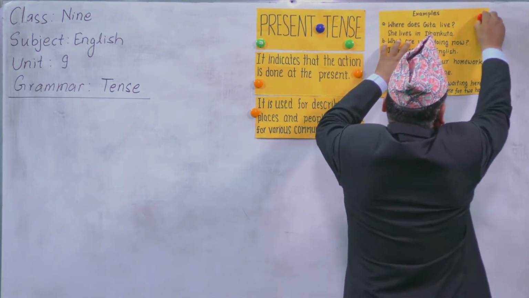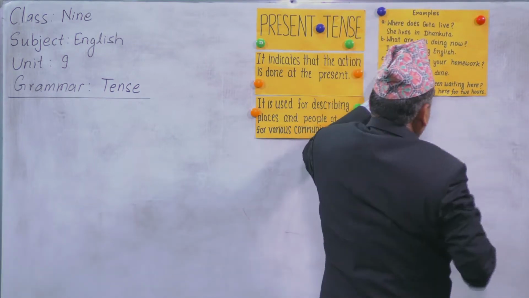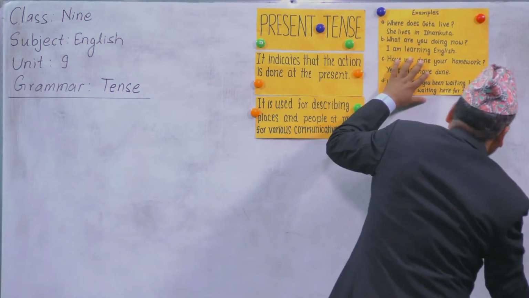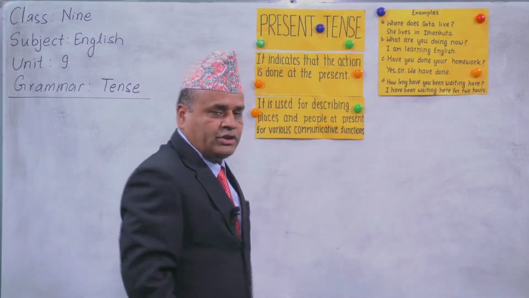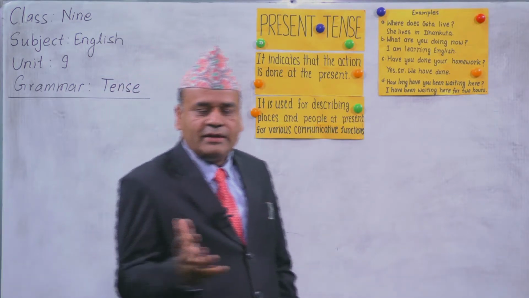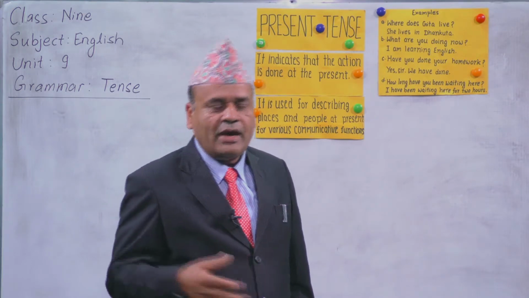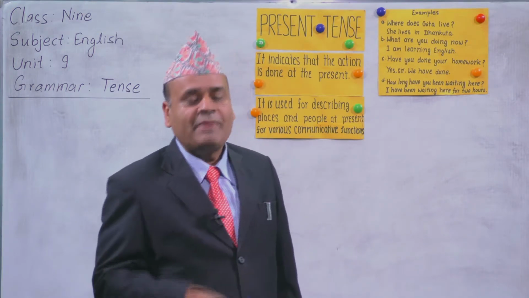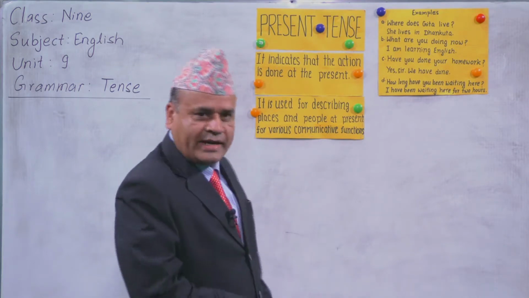All right, so we are going to get some ideas with the help of examples here, okay? So, talking about present tense, we learn that the action is going on at present or at the time of speaking, it happens. So, let's look at the example.